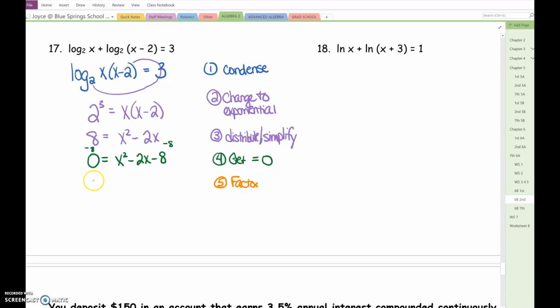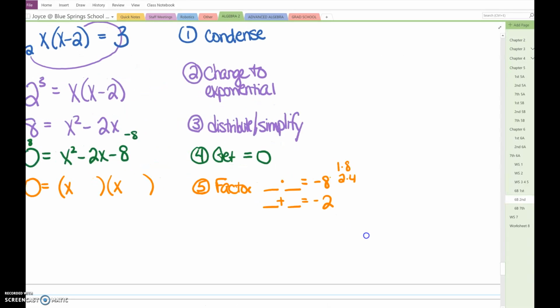When you're factoring, some of you are going to be able to just draw the parentheses and figure out the pair of numbers and drop them in there. Some of you need to think about it a little bit more. And drawing out blank times blank equals -8, blank plus blank equals -2 can help to focus your brain on what you're trying to find. To get 8, you can multiply 1 times 8 or 2 times 4.